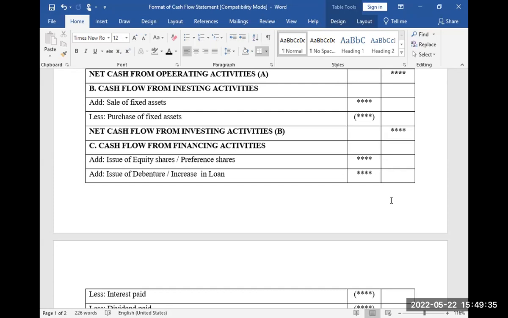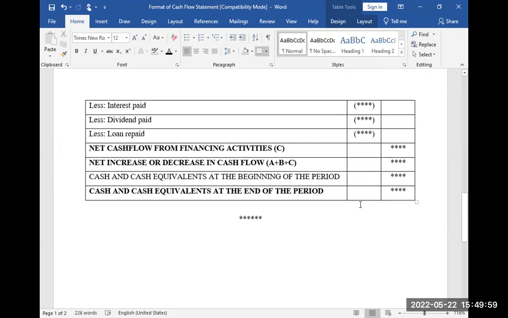Increase in non-current liability is receipt of cash, so cash inflow. Decrease in non-current liability is payment, to be minus. After doing that, you find out the net result, and bring it to the outer column. That is called net cash flow from financing activity.